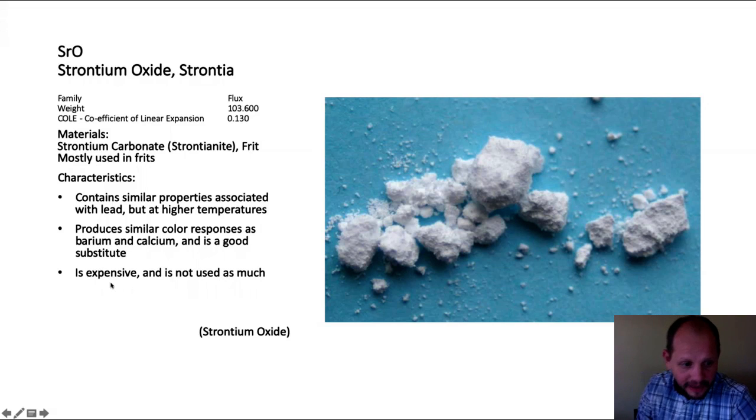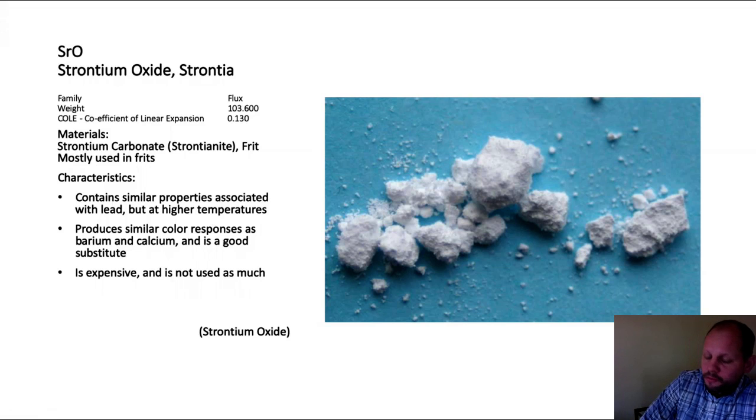It is really expensive, probably due to its manufacturing. You probably need a whole lot of material and a whole lot of refinement to get a small amount of strontium, raising the price. So I'm not going to tell you not to use it, but there's no real reason to in our application unless you need the specific attributes that strontium provides.